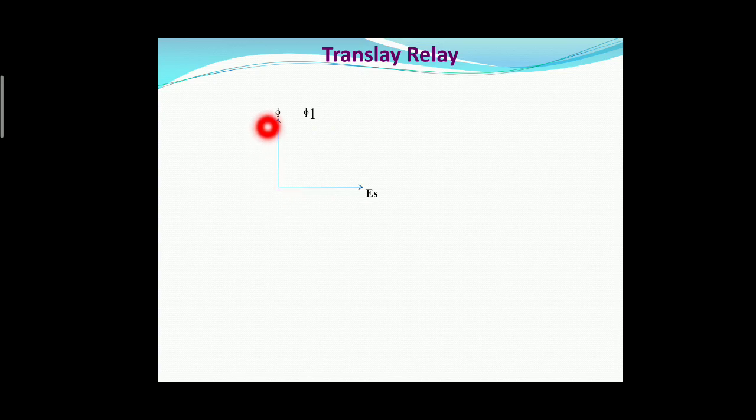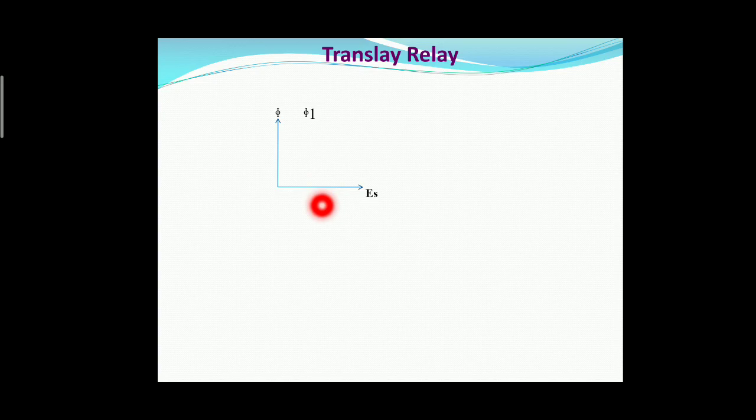The current passing through the primary winding produces a flux phi. This is the flux phi, and because of it, this is the EMF induced in the secondary that lags by 90 degrees. The angle between these two is 90 degrees.